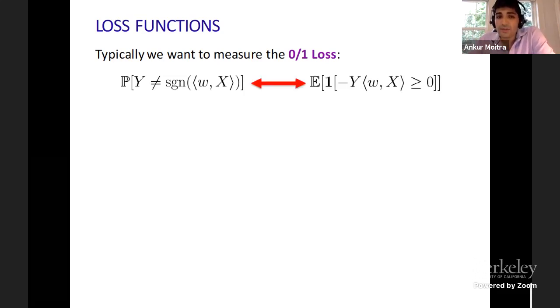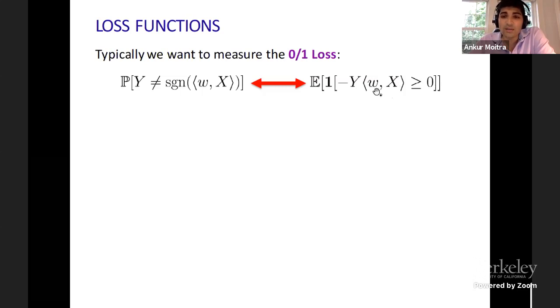Now you can think about this a few different ways. A convenient way to think about it is in terms of indicator functions. If I take W transpose X, multiply it by -Y, and take the indicator function of whether that is non-negative or not, that's actually the same thing as the 0-1 loss.